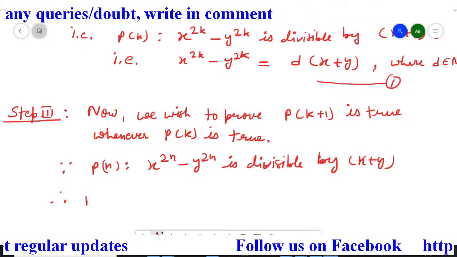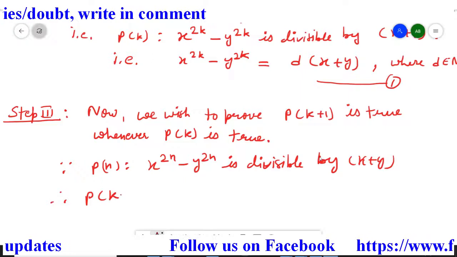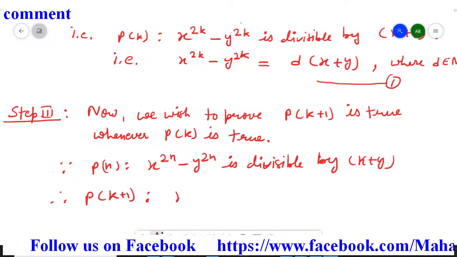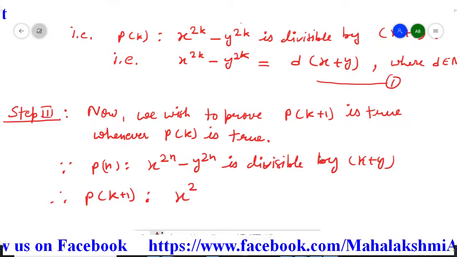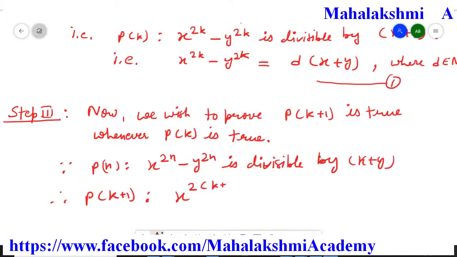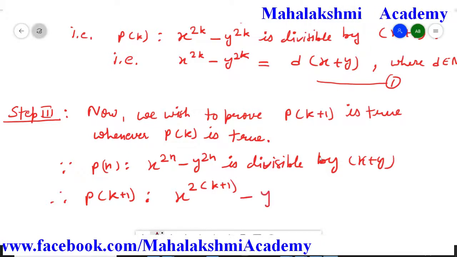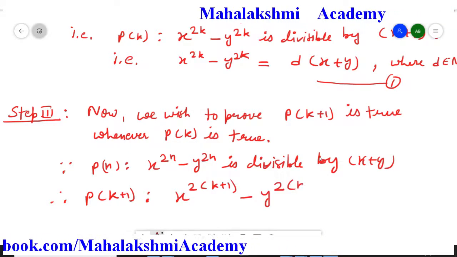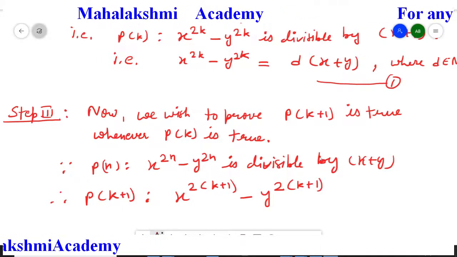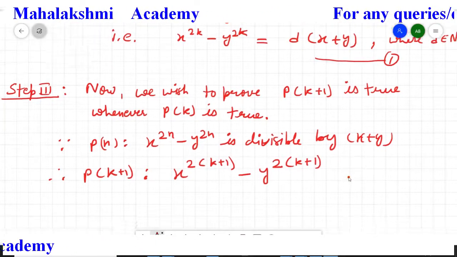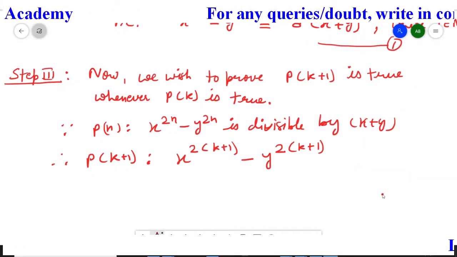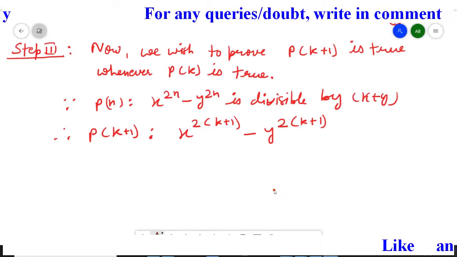Now we have to write down Pk plus 1 statement. So that is going to be x raised to the power, instead of n we are going to replace k plus 1. So x to the power 2 times k plus 1 minus y raised to the power 2 times k plus 1. Now we have to check whether it's divisible by x plus y or not with the help of Pk statement. So I am not writing is divisible or not, we have to confirm it. Now we will simplify this here.